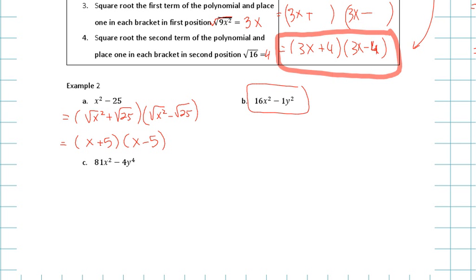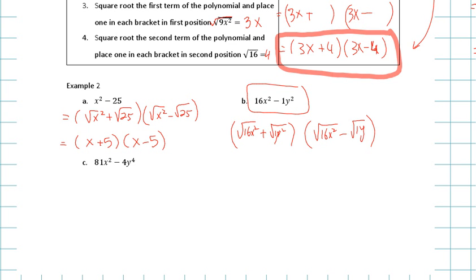Do I have two squared terms? Yes. Is there a minus in between? Yes. Good, so I can use difference of squares. So that means I'm gonna square root my first term plus the square root of the second term, y squared, and then square root the first term minus the square root of the second.